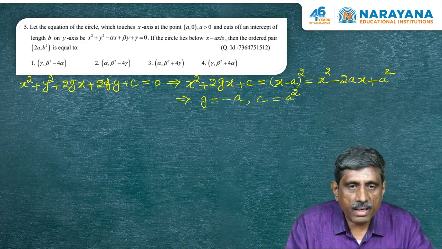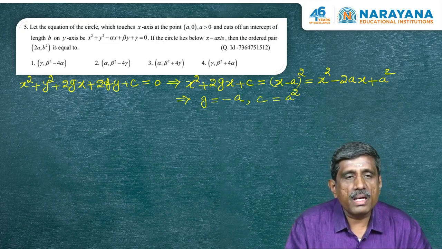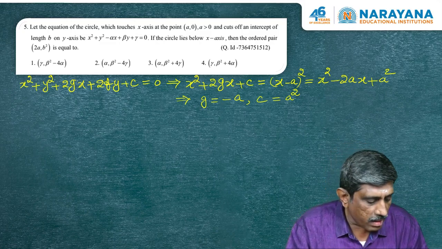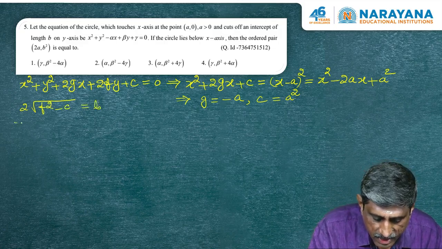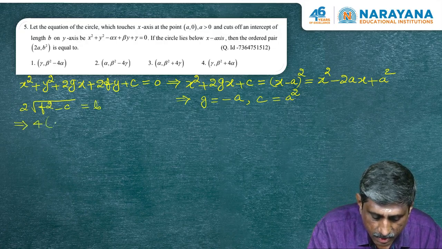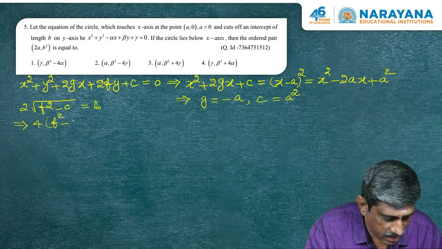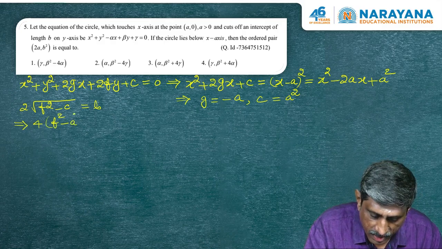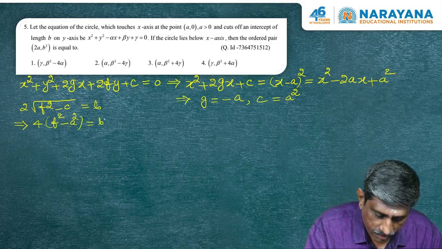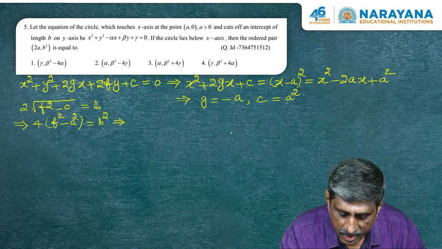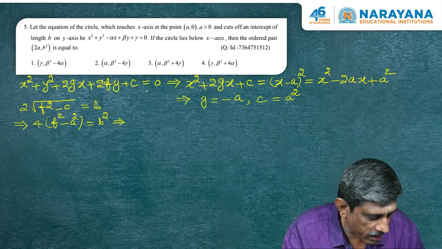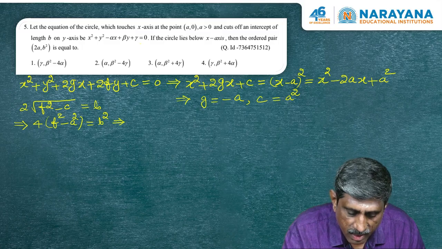Similarly, when the circle makes an intercept of length b on the y axis, we get 2 into square root of f square minus c is equal to b. On simplification, we get 4 into (f square minus c), where c is a square, is equal to b square. Now when we compare this with alpha and beta, the required equation is x square plus y square minus alpha x plus beta y plus gamma is equal to 0.